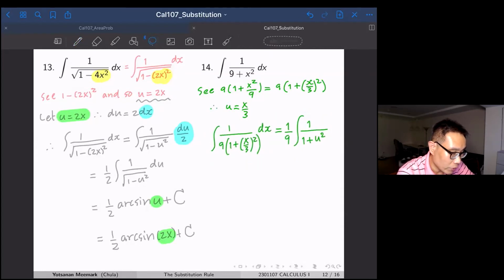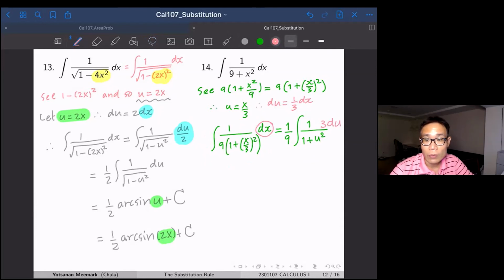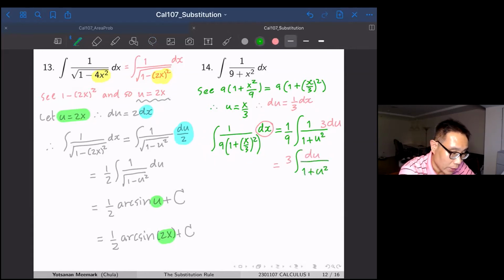You have du equal to 1/3 dx, so dx equals 3 du. So 3 will be outside, and you are integrating du over 1 plus u squared, and this will be over 9.